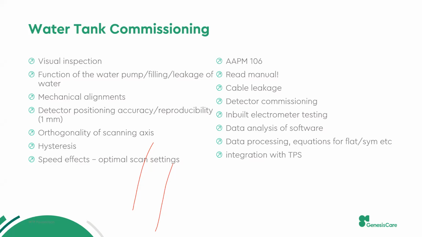You can check the hysteresis by putting a graph paper tight enough on both ends of your water phantom, and then you start running your detector, with a pencil, from one end of your water tank to the other end, and see whether it gives you a straight line or not.